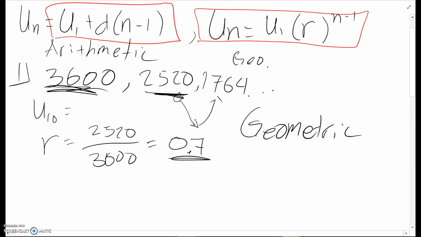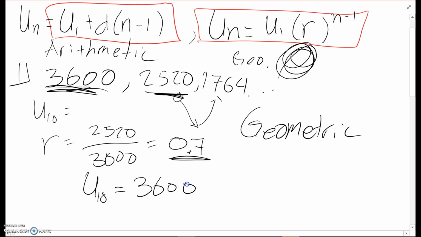They want me to find u sub 10. I'm going to fill in the equation u sub 10 is equal to, and I'm using this guy up here, right? The first term is 3,600. The ratio is 0.7 to the 10 minus 1, so 10 minus 1 is 9. And then I can just calculate that.